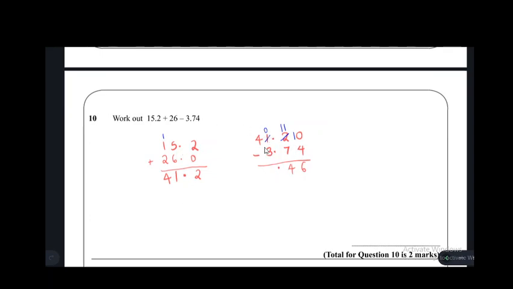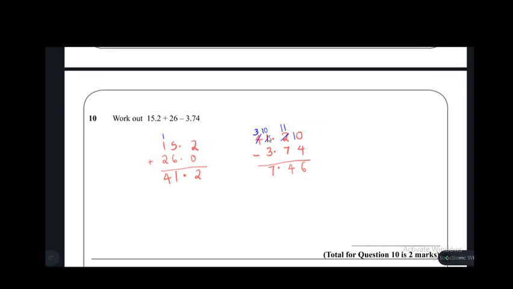And here we have a problem. 0 take away 3 is not possible. You cannot take away 3 from nothing. So we have to borrow again from the next place value. So when I borrow 1, I remain with a 3, and the 10 goes there, and we have a 10. So 10 take away 3 gives you what? 7. You're right.